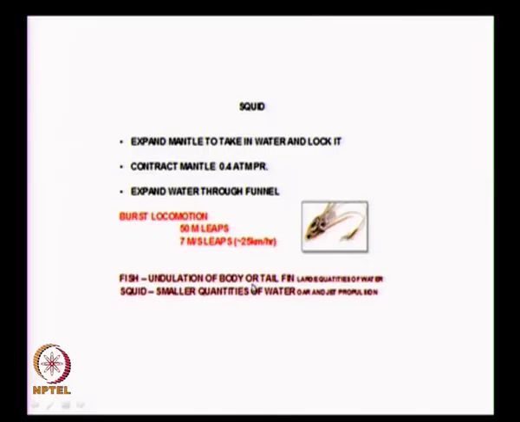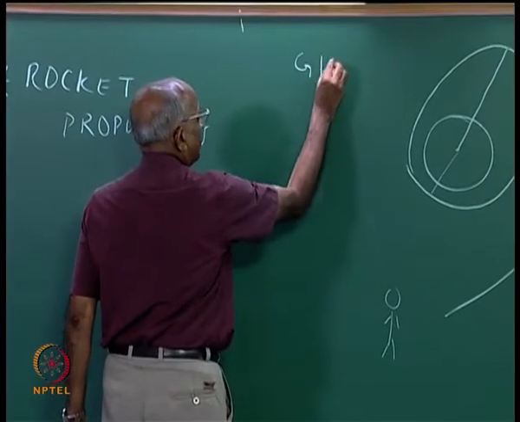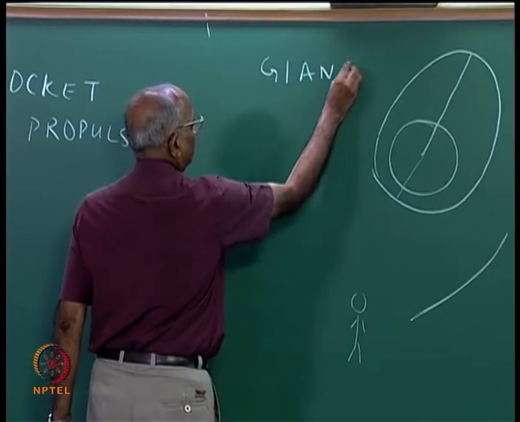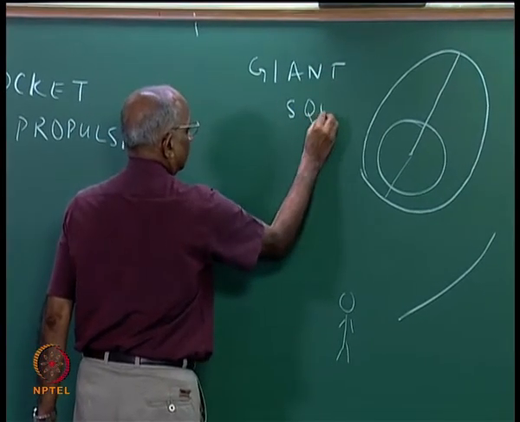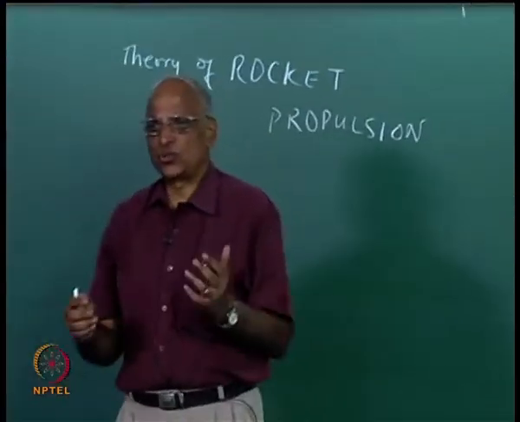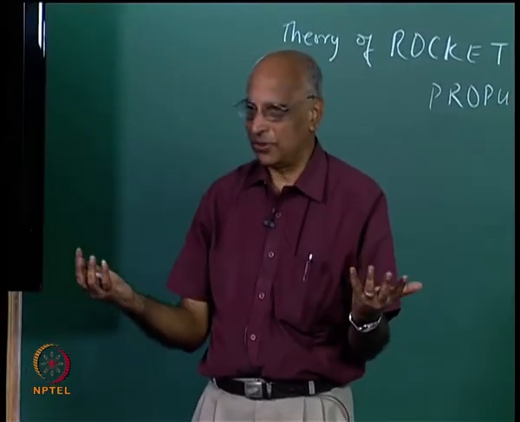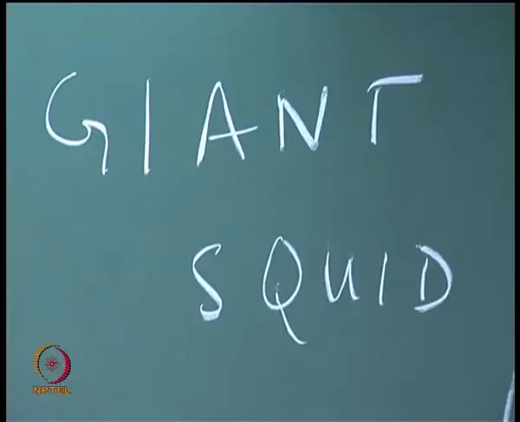This is the principle of what we call the giant squid. In fact, in the US we had projects known as the Squid project. The Squid project was named after this, because that is again a rocket project, and it was named after this particular creature which lives in the sea.